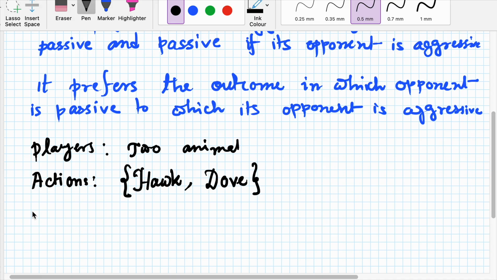So hawk and dove. What are the preferences? Every player's preferences are the same.